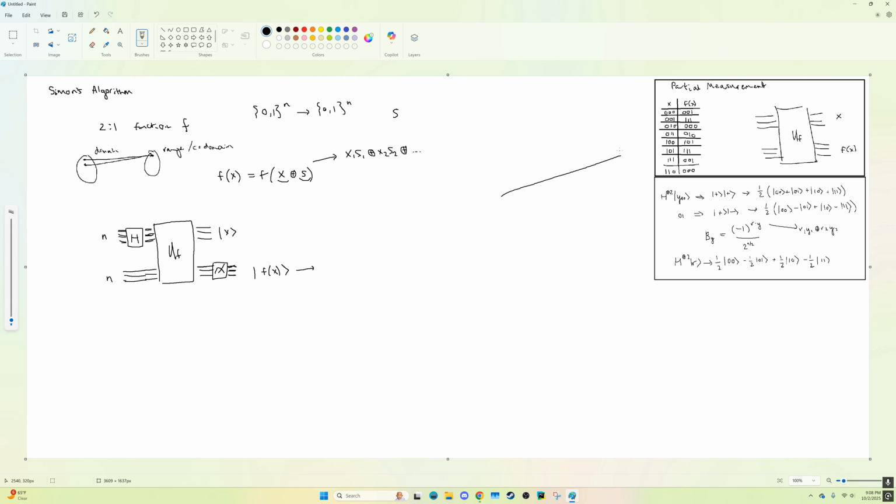So that's the idea of partial measurement. We're using partial measurement from right here, and we're using the fact that it's a 2-to-1 function to get this result. So when we measure f of x, we're saying that the top register is now in a uniform superposition of some n-bit string r and some n-bit string r XOR s.